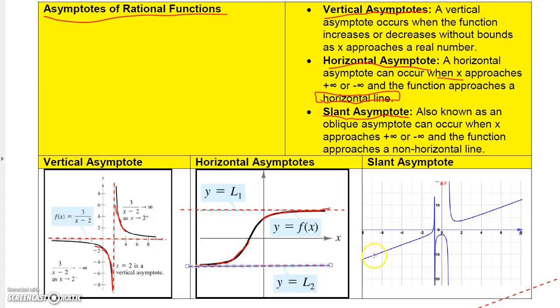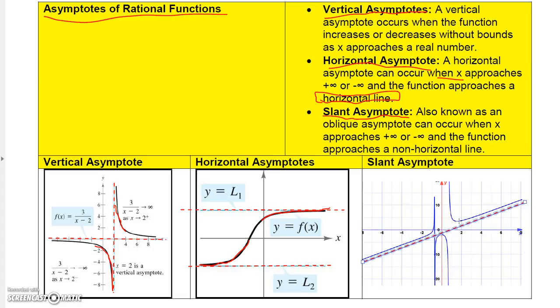The graph is just this piece and this piece. So let me go ahead and show you what the slant asymptote looks like. This slanted line would be what we call the slant asymptote for that graph.